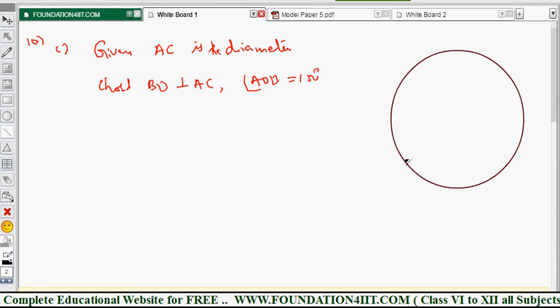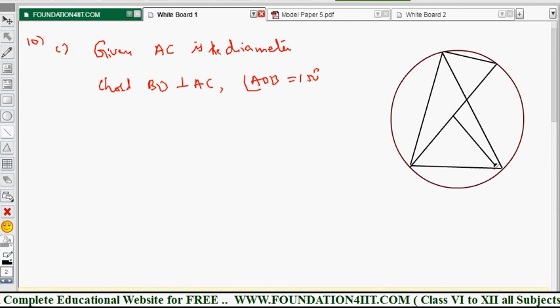One is AB, center point, AC is the diameter, AB is a chord, and from the center also you can take the line.